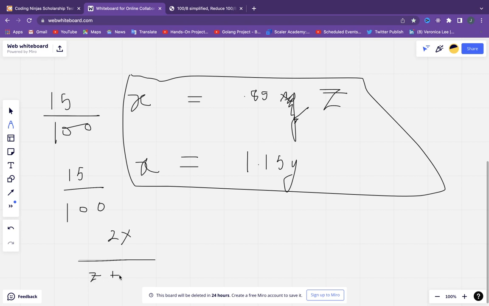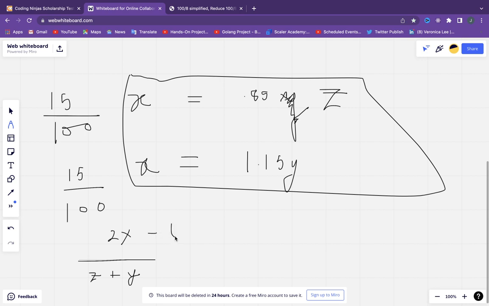Right. So that will be the ratio of what? So the profit or loss would be 2X minus Z plus Y upon Z plus Y. Right?